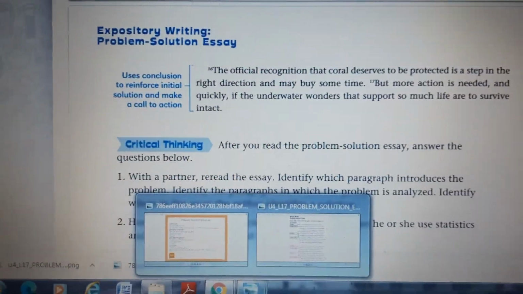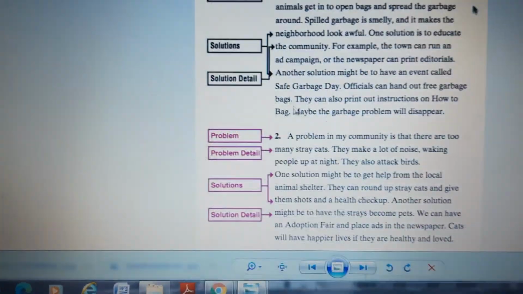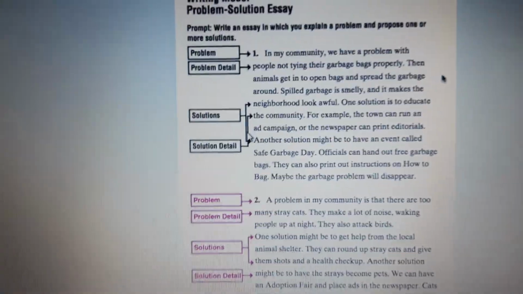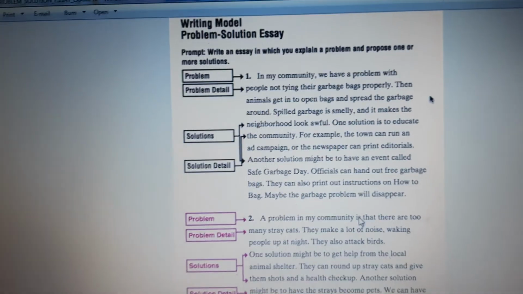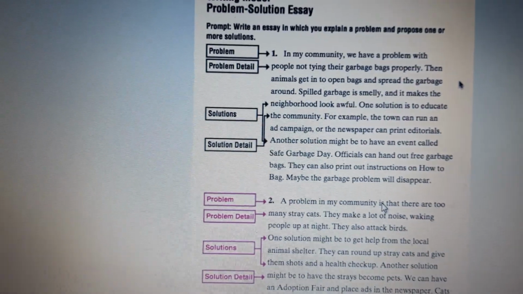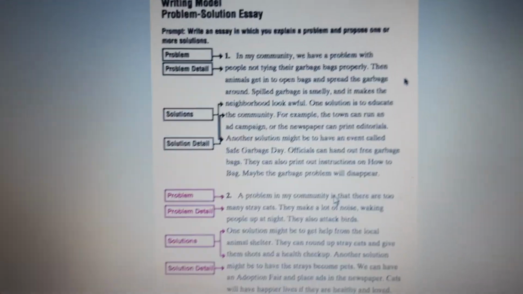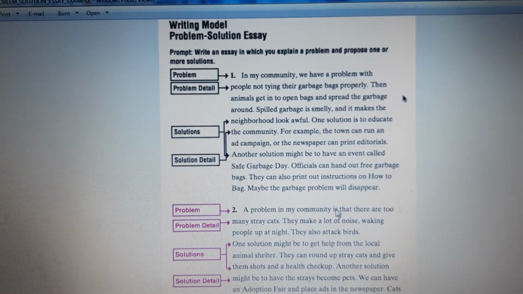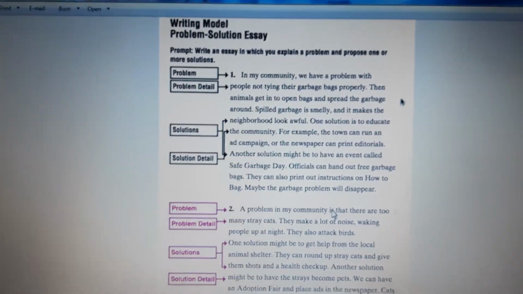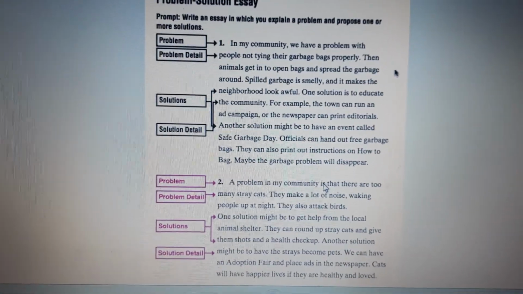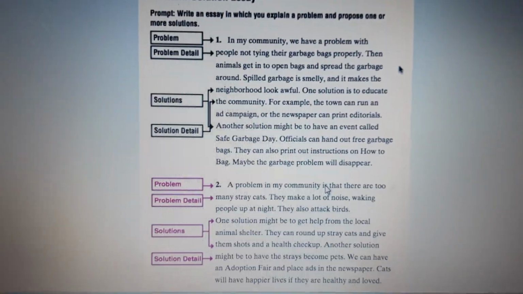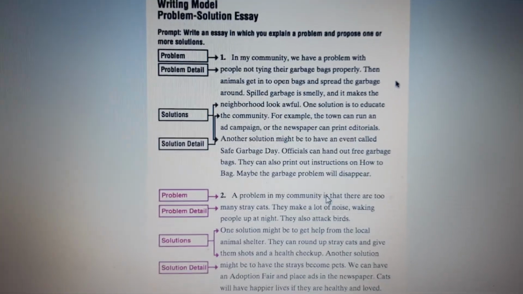I would recommend you use this structure because it is so easy to follow, and you can gain information much better. I think you just have to be careful when you write a problem solution essay. I recommend this structure, as I said, because it's easy to learn and easy to work with.